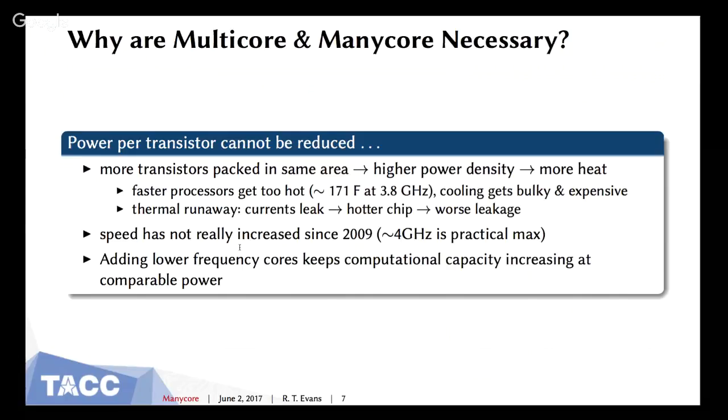Now, that's sort of a decision they had to make, but the impact on us is that now we have to program for it. We have to figure out how to use these resources that have changed in a different way. And we have to change our codes to account for this.